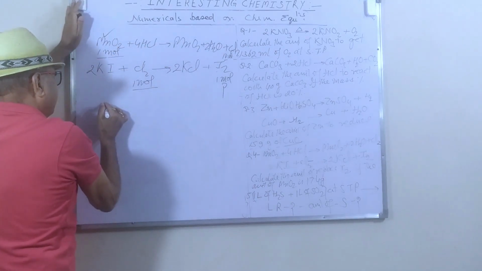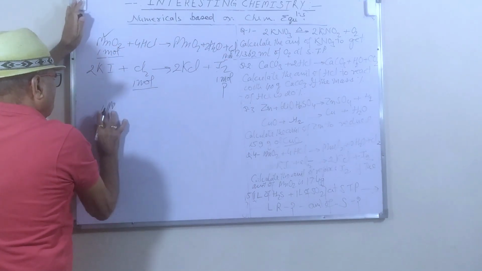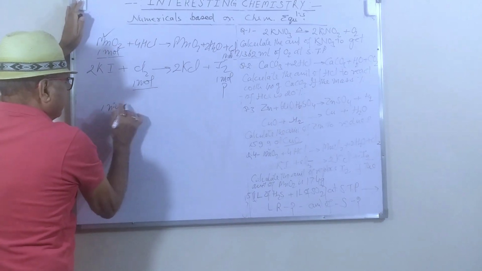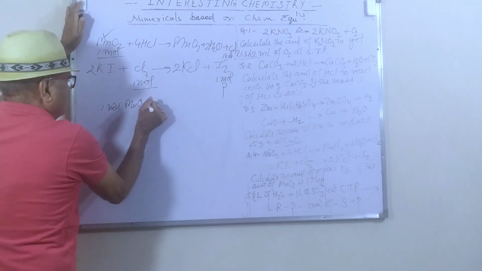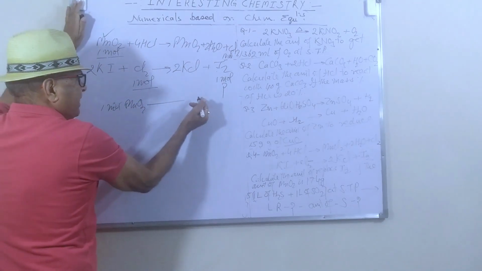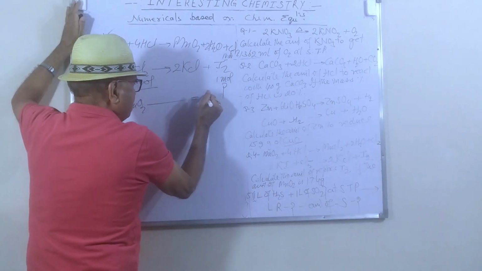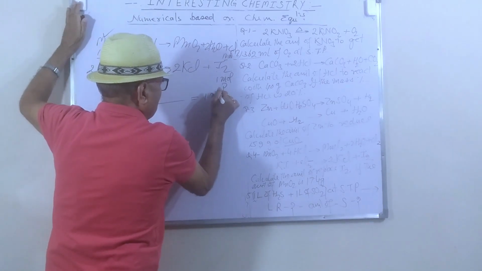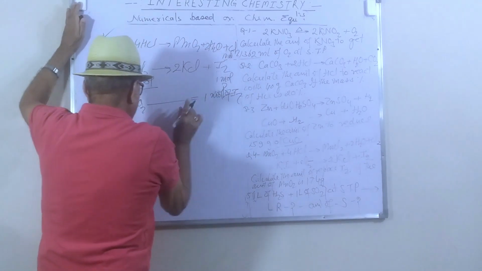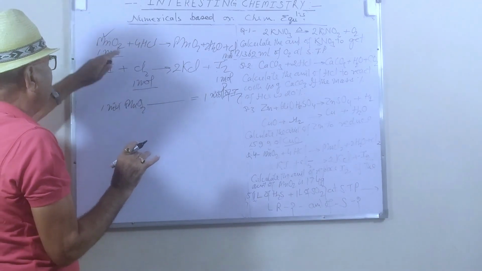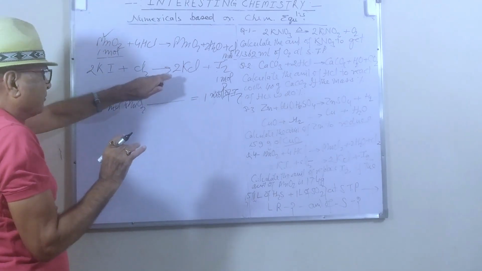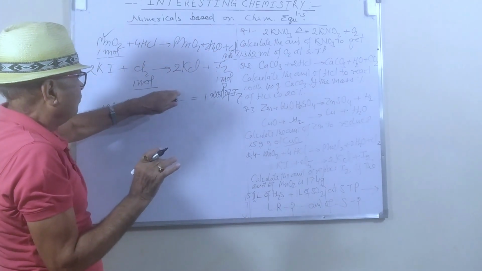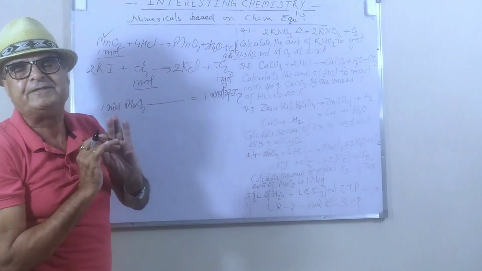So you can write here: 1 mole of MnO2 produces sufficient chlorine to replace 1 mole of iodine.